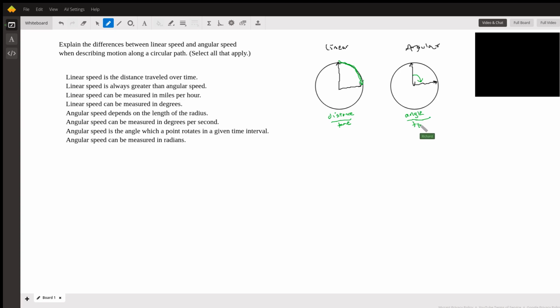How large of an angle did you make divided by the time that was elapsed? And so, of course, angles can be measured in degrees or in radians. It doesn't matter, either one. So now that we've discussed the concept, let's go ahead and solve the question.